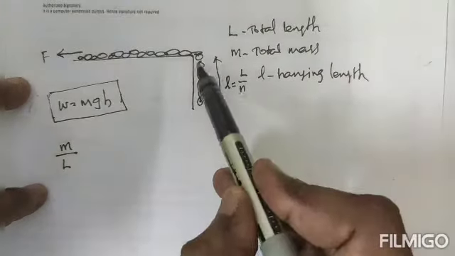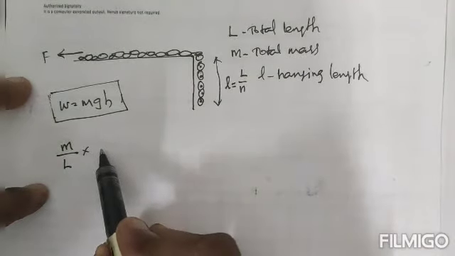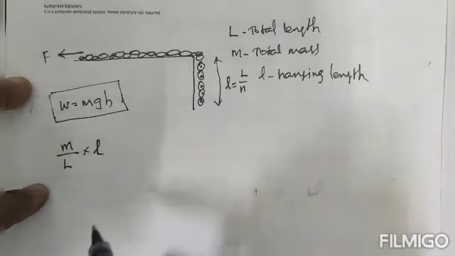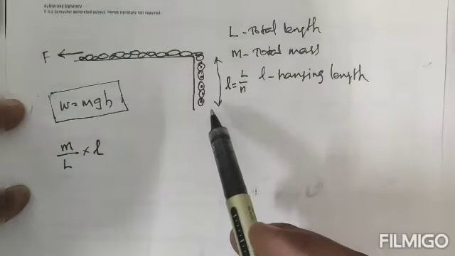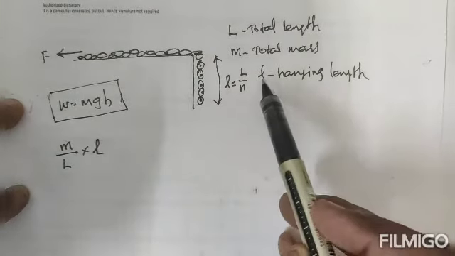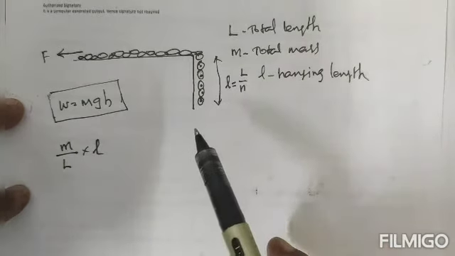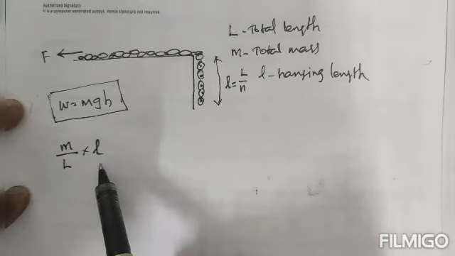But I need it only for the hanging part. The hanging part length is only small l, while the total length is capital L. I need only the mass of the hanging part, that is, I can write m by L into small l.